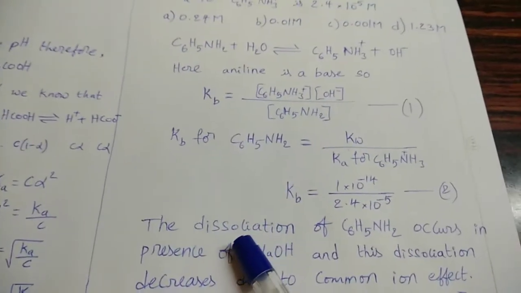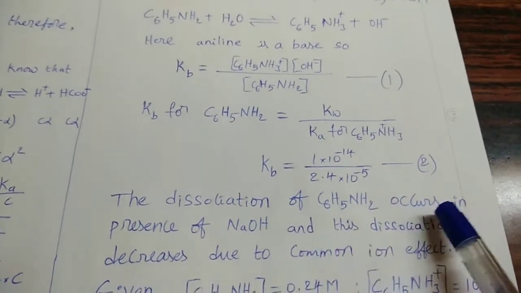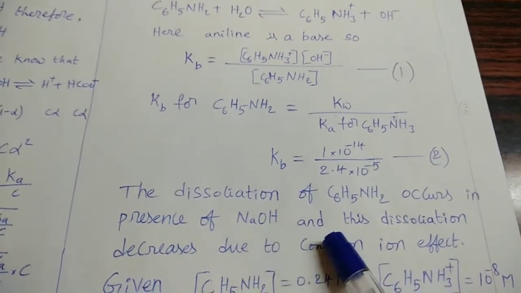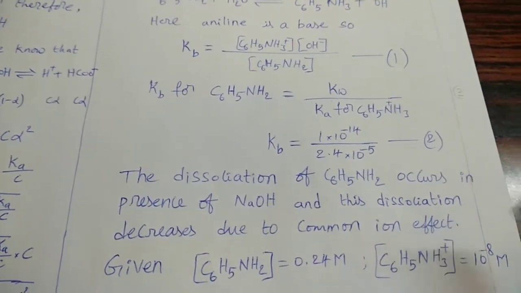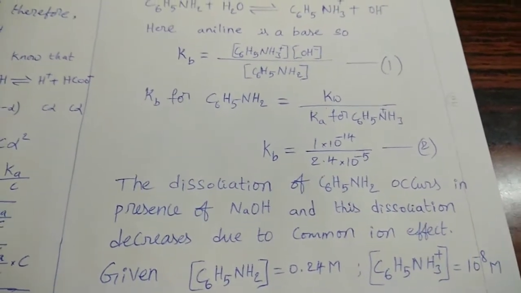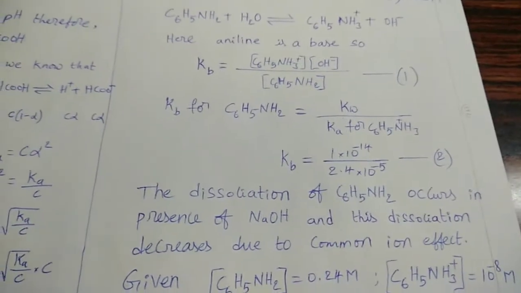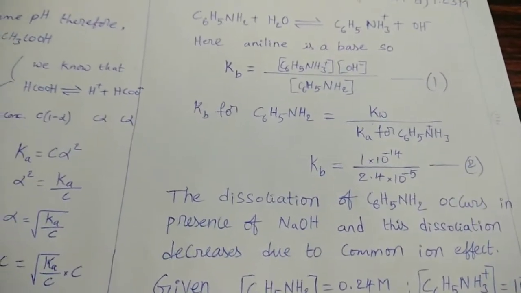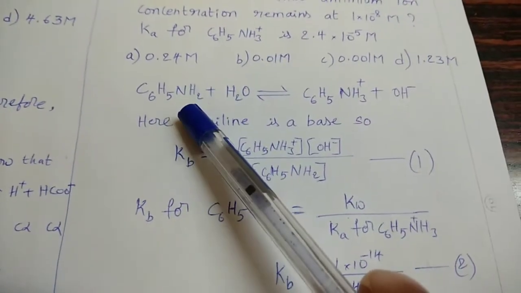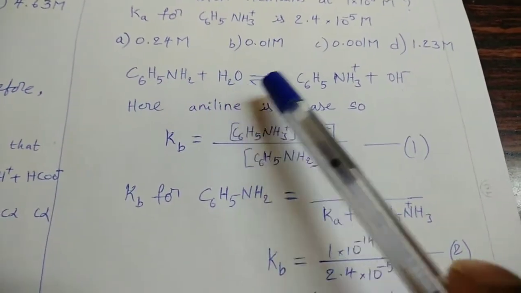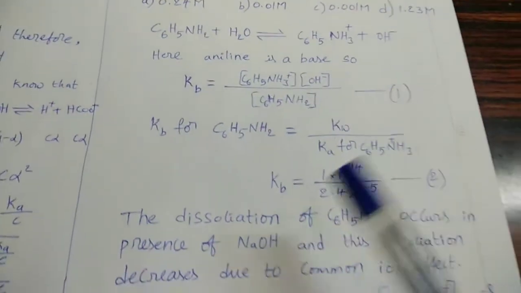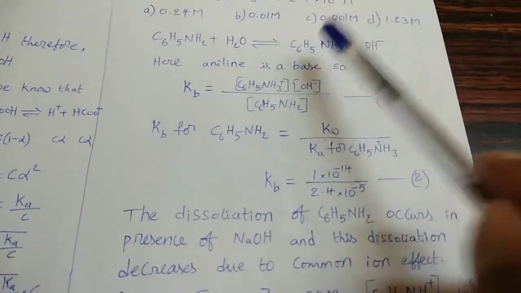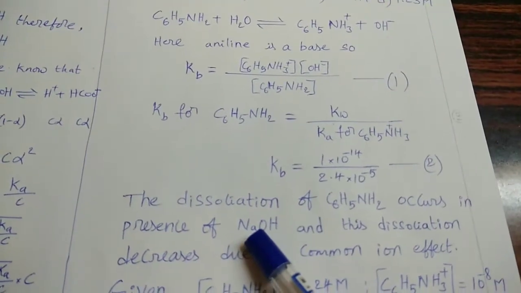Now the dissociation of aniline occurs in presence of NaOH, and this dissociation decreases due to common ion effect. See this reaction: when aniline is added to the water, it is changed to anilinium ion and produces OH minus. Now to this mixed solution we are adding NaOH.